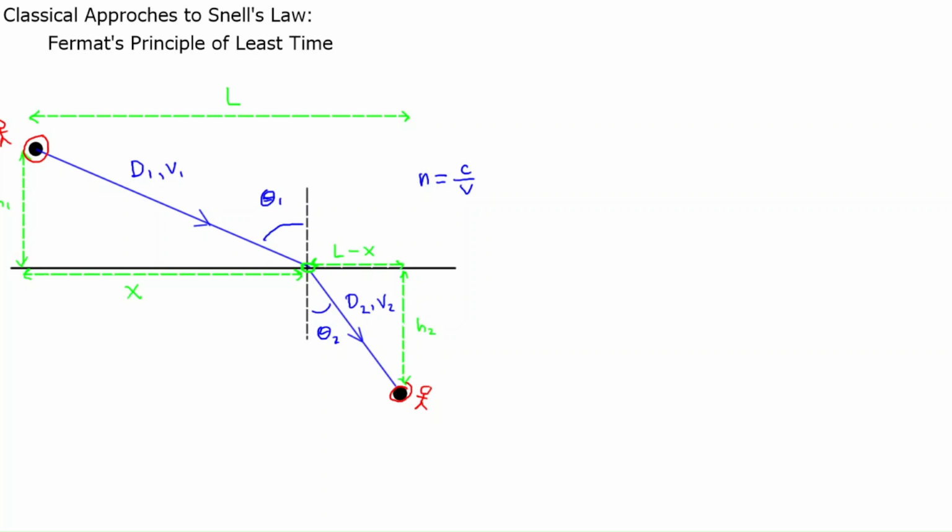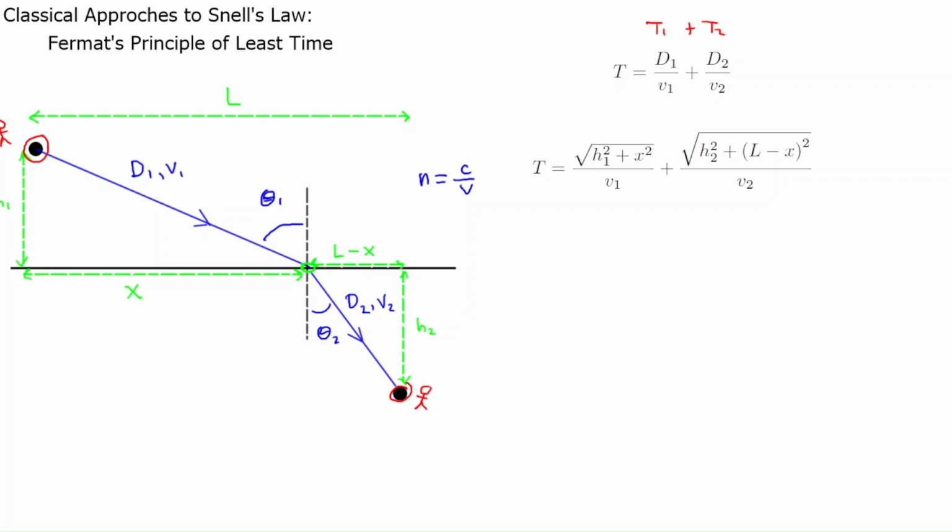Let me use capital T to stand for the total time. That's going to be the sum of the individual times: time 1 along path 1, which is d1 over v1, and time 2 along path 2, which is d2 over v2.